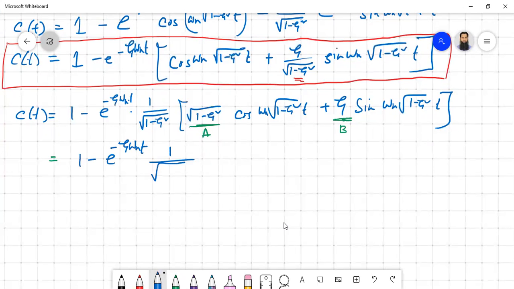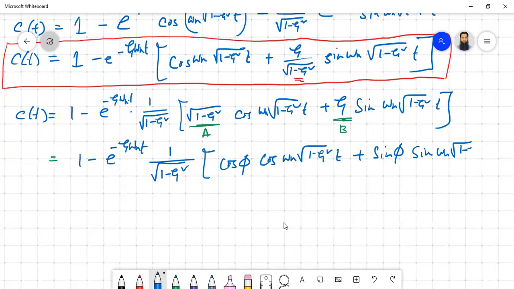1 by root over 1 minus zeta square. Then you have cos phi cos omega n root over 1 minus zeta square t plus sin phi sin omega n root over 1 minus zeta square t.